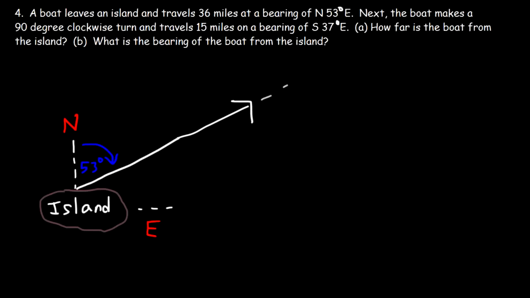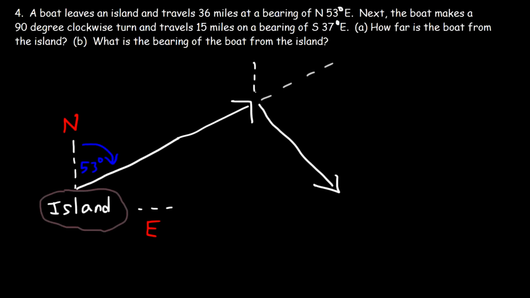Now he can continue straight, but he doesn't. He's going to make a 90-degree turn in a clockwise direction. This is counterclockwise, and this is in the direction of a clock. So he's going to change his course going this way. So this is a right angle.